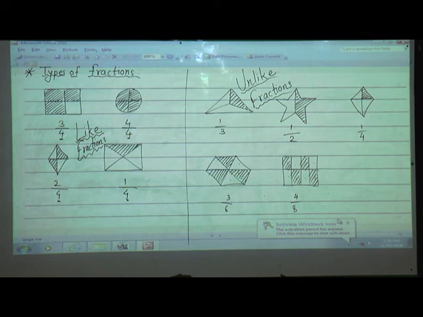But students, here I would like to tell you about numerators being the same and denominators different. For example, I will draw two more shapes here.